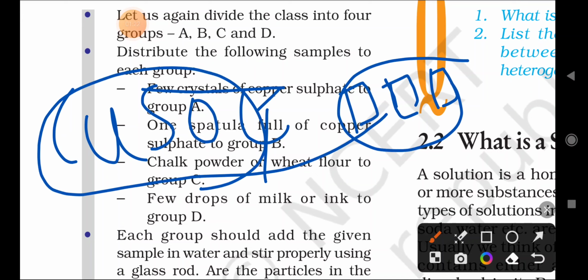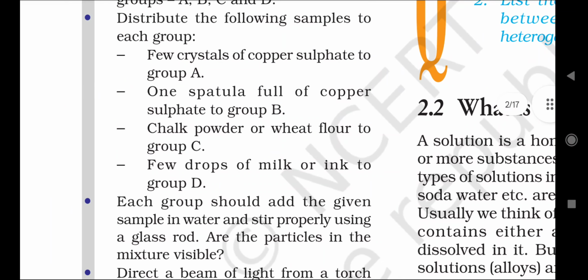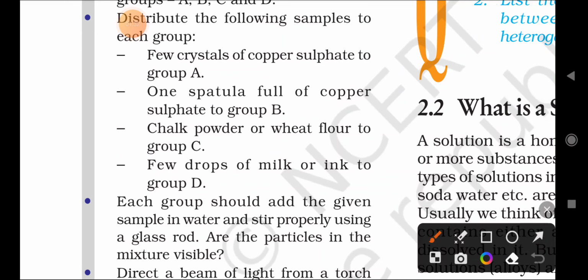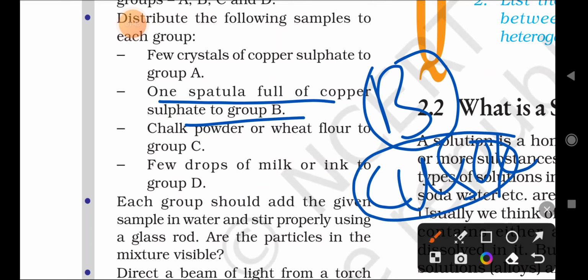Which solution is that? It is copper sulfate. What is the chemical formula? Copper sulfate, CuSO4, right? Next, one spatula full of copper sulfate to group B. In group A there are only a few crystals, but in the second group we have a full spatula of copper sulfate.